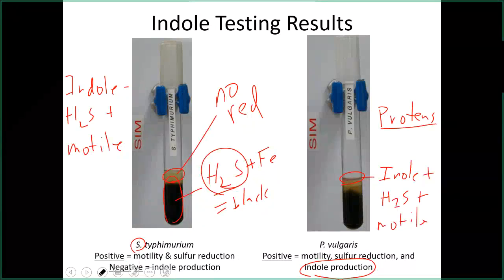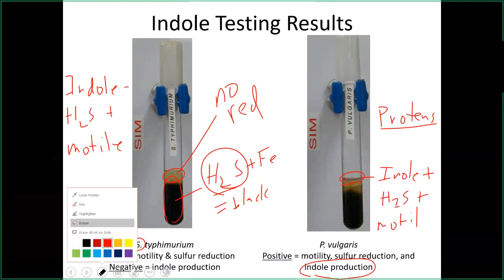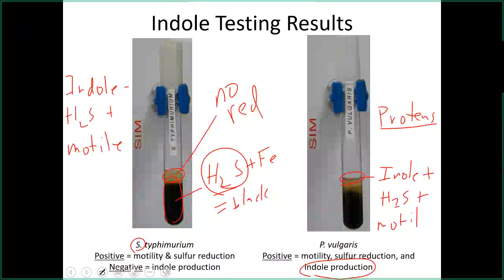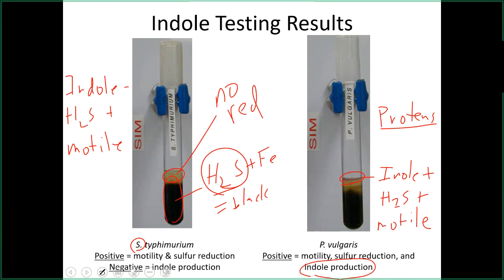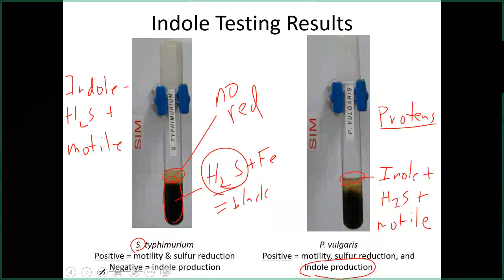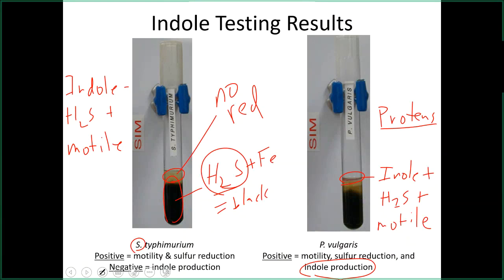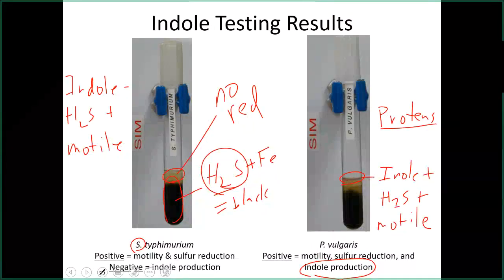All three of those things apply. I don't have any other pictures of results of this kind of testing to show you, but you could imagine some other possibilities. One would be no black color in there at all, yet cloudiness throughout. So that would be an organism that's motile but is not a sulfur reducer. Then, the presence of red or not in the top would tell us what the indole response was.